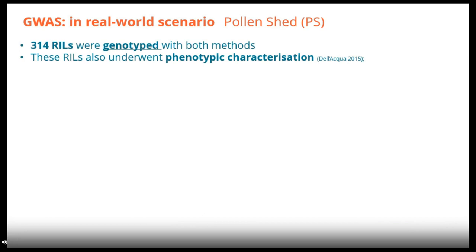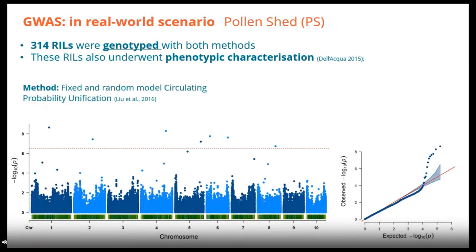These lines, of course, also underwent phenotypic characterization back in 2015. So we ran two GWAS using a method developed by Liu and colleagues that allows to prevent some model overfitting and controls false positives. So it's a quite refined regression for GWAS.